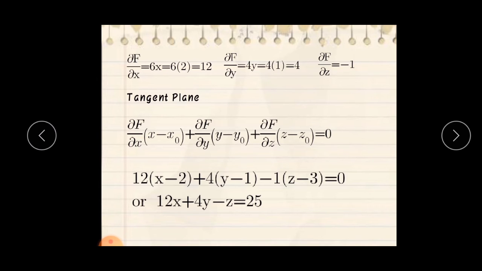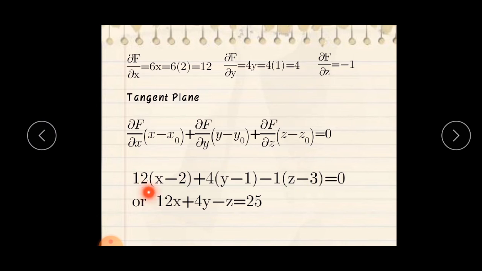So we have 12 times (x minus 2) plus 4 times (y minus 1) plus negative 1 times (z minus 3) equals 0.